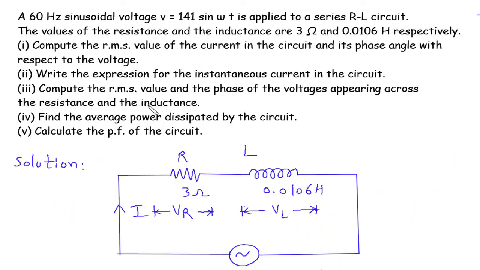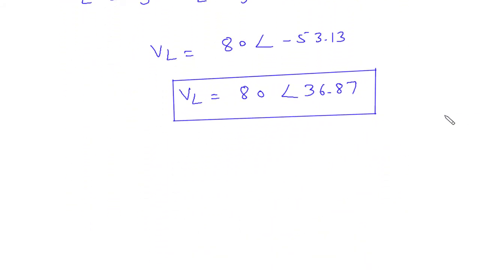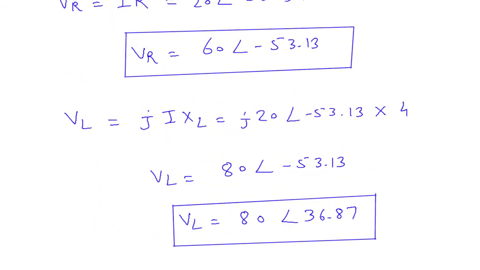Next we have to find the average power dissipated by the circuit. So average power dissipated by the circuit will be power equal to VI cos phi, voltage into current.